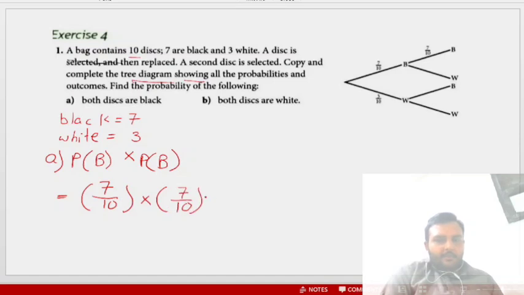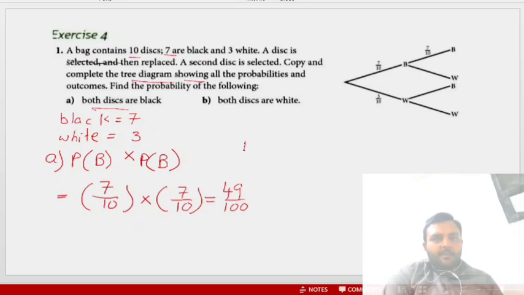So 7/10 times 7/10 is 49/100. This is the A part, because it's asking both discs are black. We just take both black, and the black are 7.